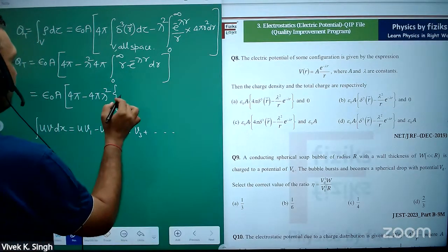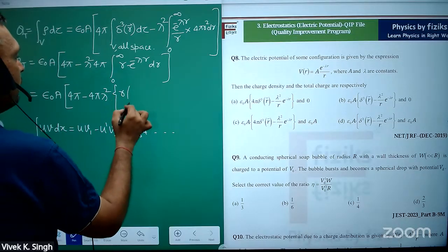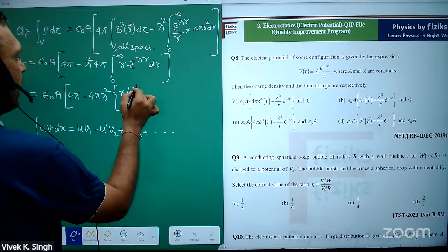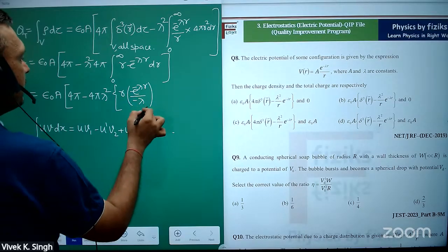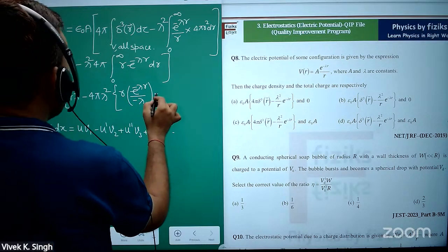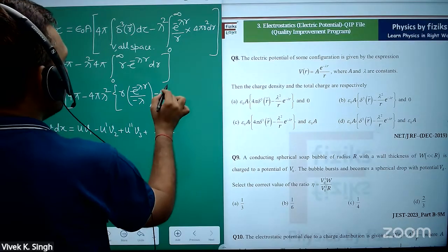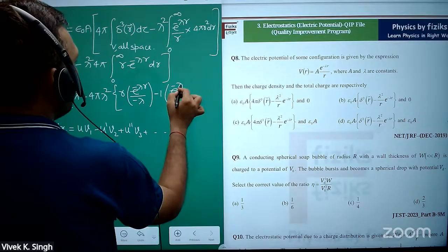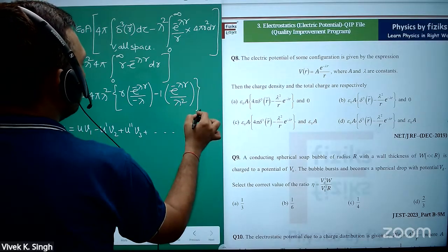So this will give you r, and the integral of this will be exponential minus lambda r by minus lambda, minus u dash 1, and then the integral of this, e power minus lambda r by lambda square, from 0 to infinity.